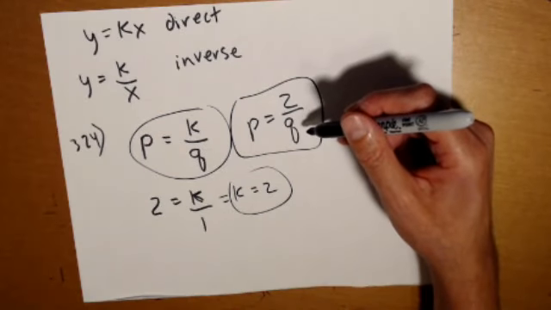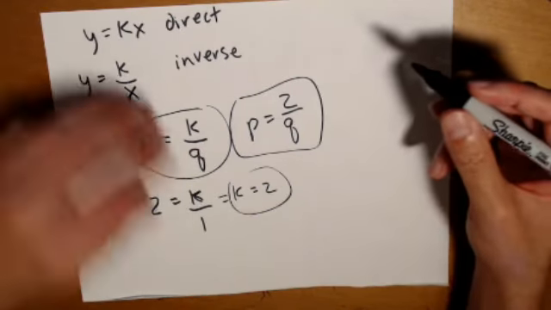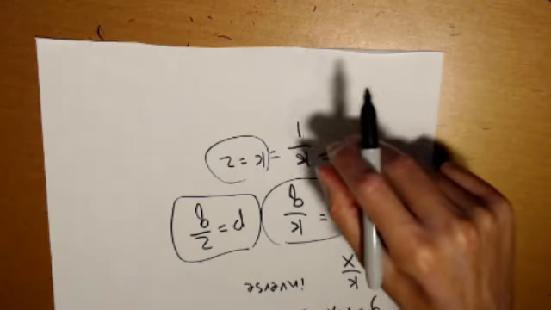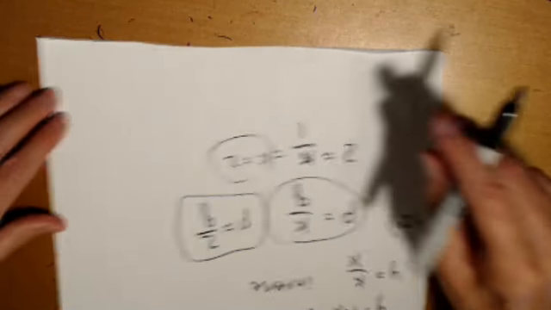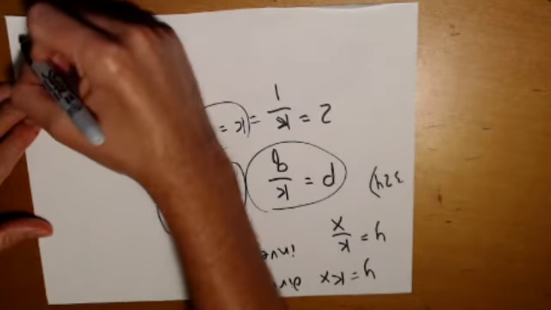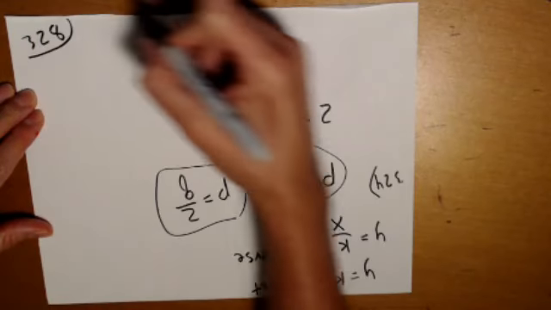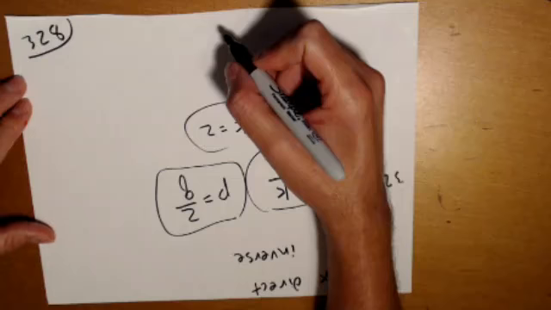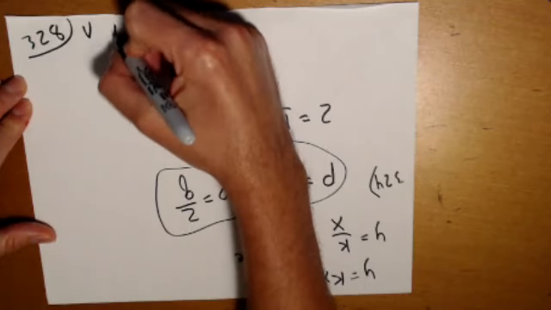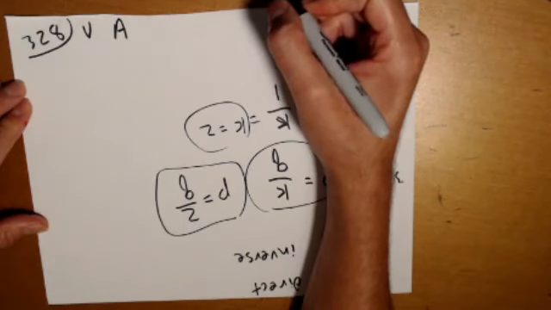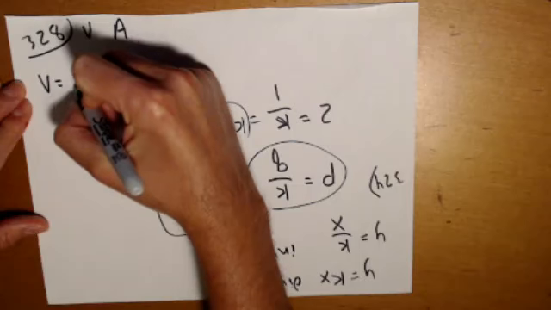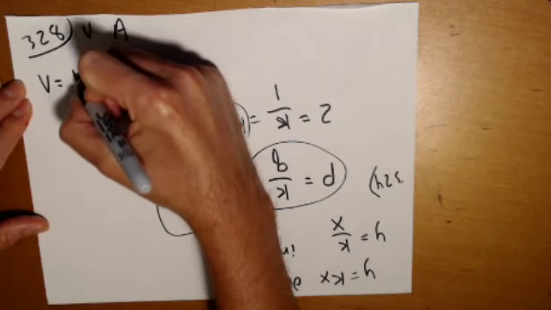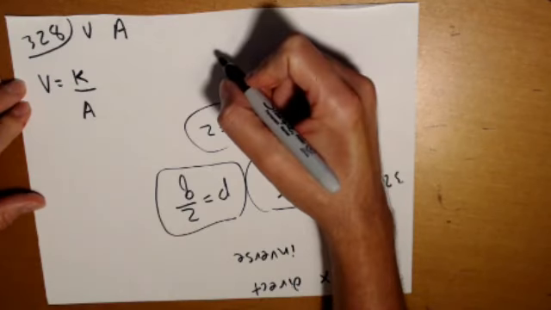Let's try 328. 328. A car's value varies inversely with its age. So there's value and there's age, and they vary inversely. So V is equal to K over A. Okay.